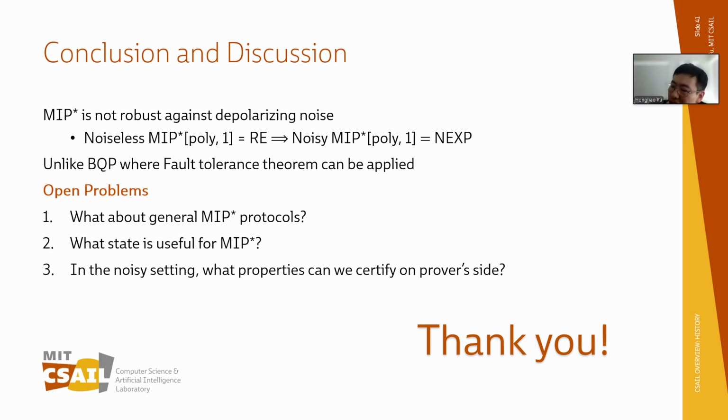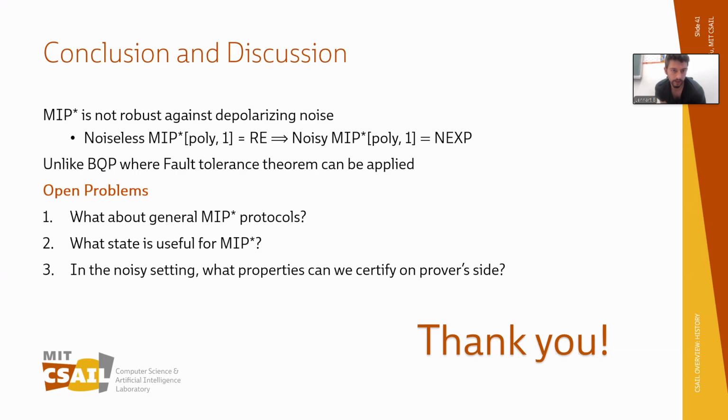Well, I think that corresponds to starting with the EPR pairs. Yeah, we just look at what the provers have at the point the verifier starts asking questions. So if you do some pre-processing before the start, then at that point you have EPR pairs. But my question was more about multiple rounds.